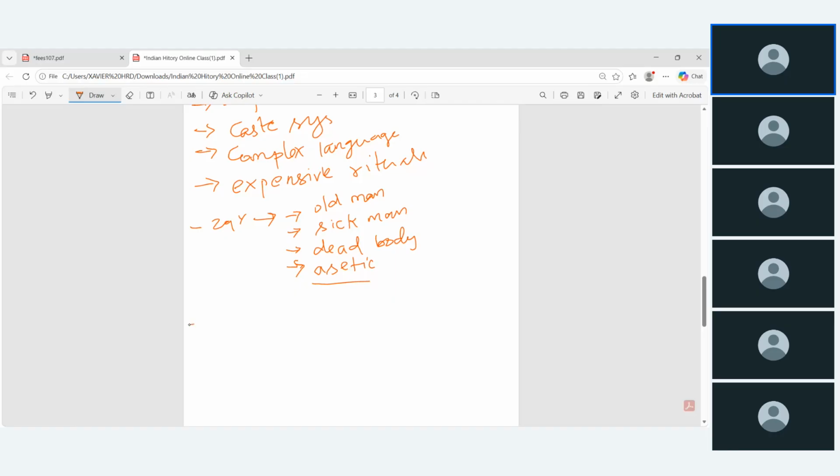Some of the main concepts he gave: one is ahimsa. Ahimsa in general means non-violence, but in general meaning the non-hurting and non-injuring.